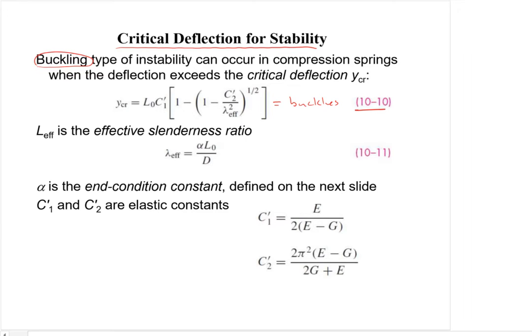Again, you're going to have to work from the bottom up. This is the overall formula given first, but you clearly need to calculate this first. So this would be step one, and then you would calculate this second and this third. But the overall equation is Y critical, essentially the deflection that causes the compression spring to buckle.